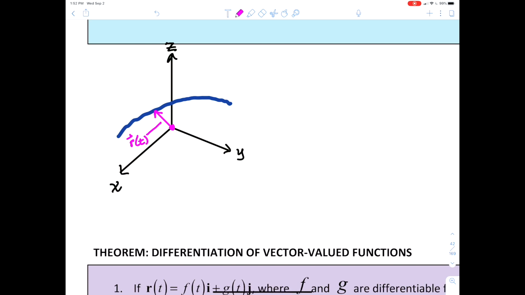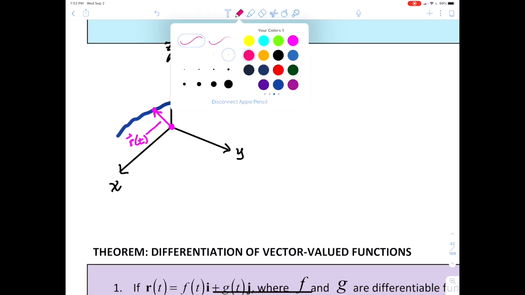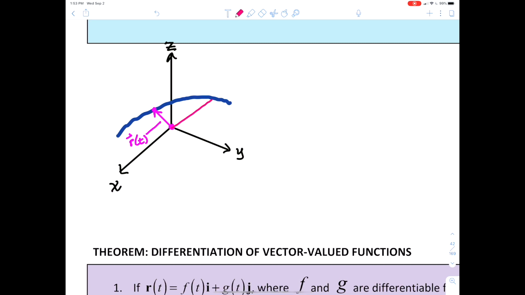Now, let's say that you've got another vector, where you're some small change in t away from t, and it's still vector r, all right? So let's suppose that we have now this vector over here, and this vector here is r at t plus delta t.